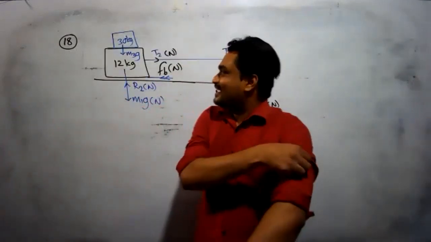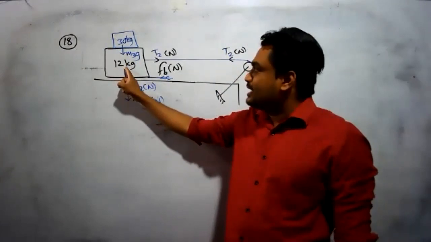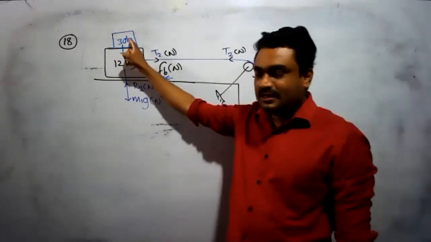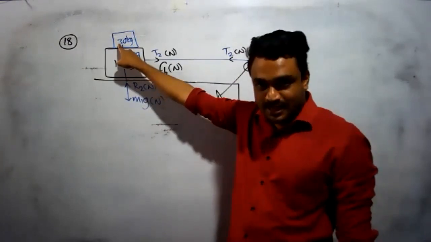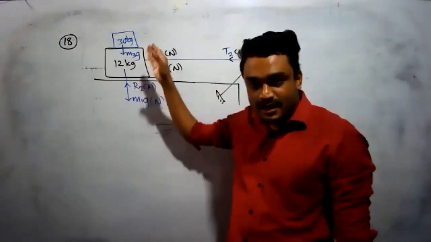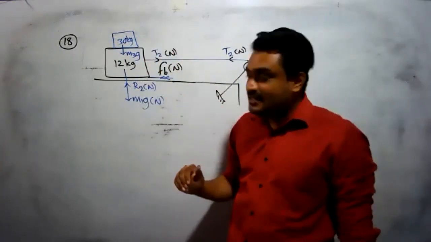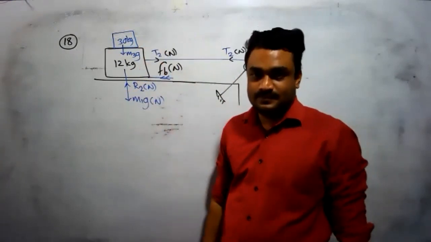Yes, I'll repeat. The 12 kg object and the 30 kg object are not moving vertically upward and are not moving vertically downward.